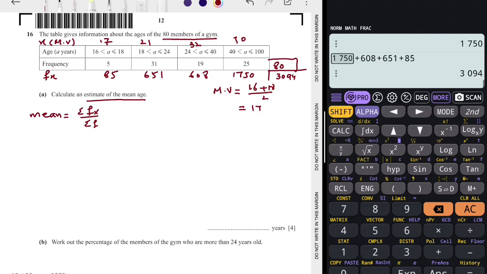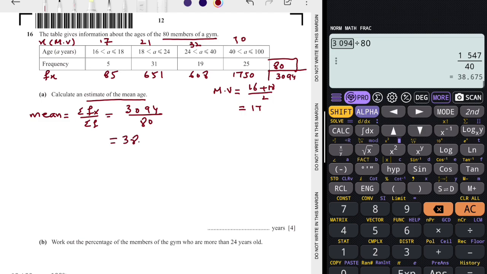We are going to divide them. 3094 divided by 80, and the final answer is 38.675 or 38.68.